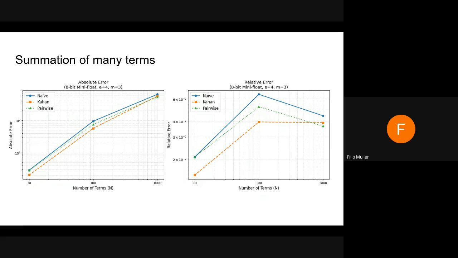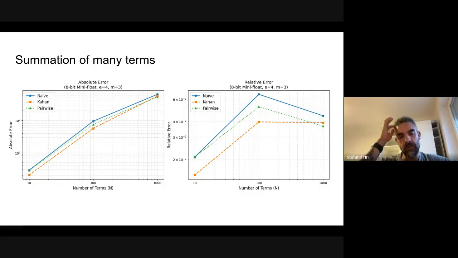And you can see that the absolute error is pretty big for all the methods, like the naive, the Kahan, and the pairwise. So pairwise means that you sum them all pairwise and then you sum them all together.